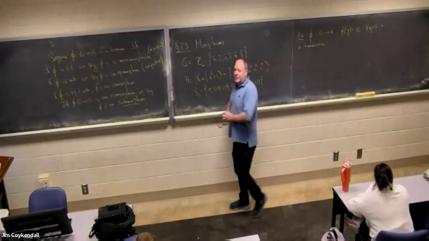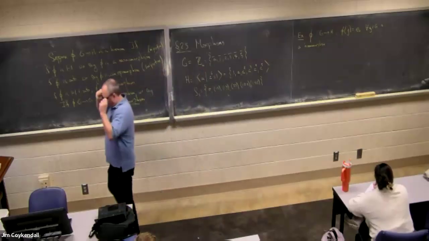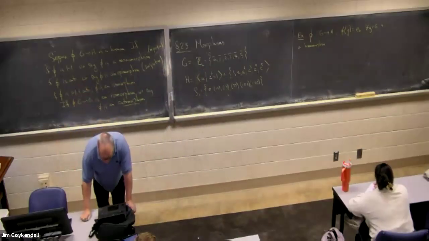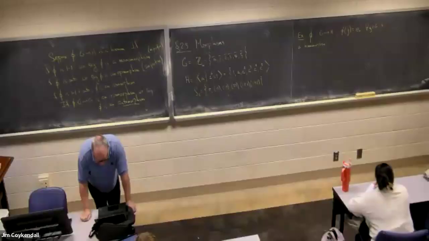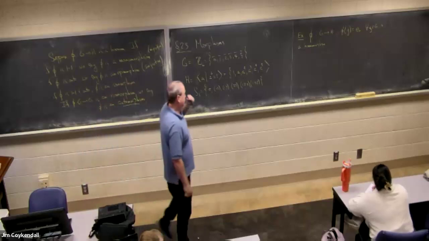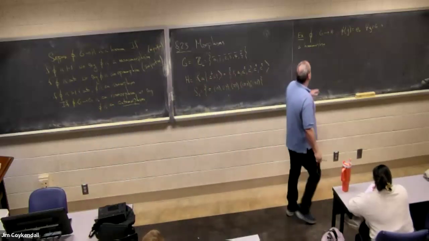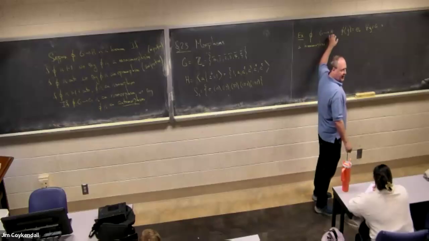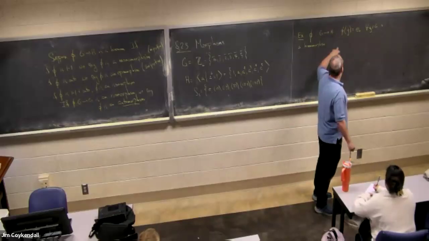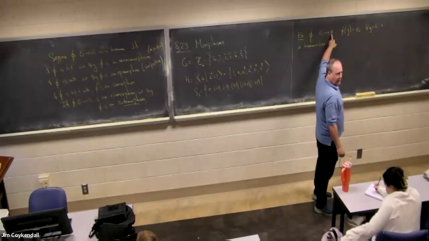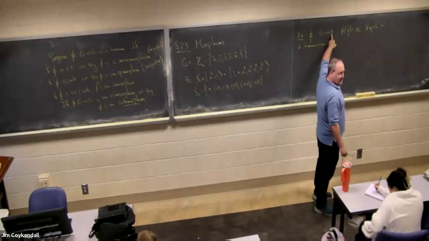So the homomorphism, this is sometimes called the trivial homomorphism. This is the homomorphism that takes everything to the identity. This is always a homomorphism, just assign anything. This is rarely surjective, right?